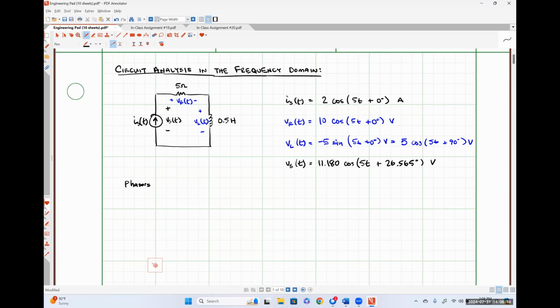Okay. So phasors are a shorthand notation for describing sinusoidally varying signals.